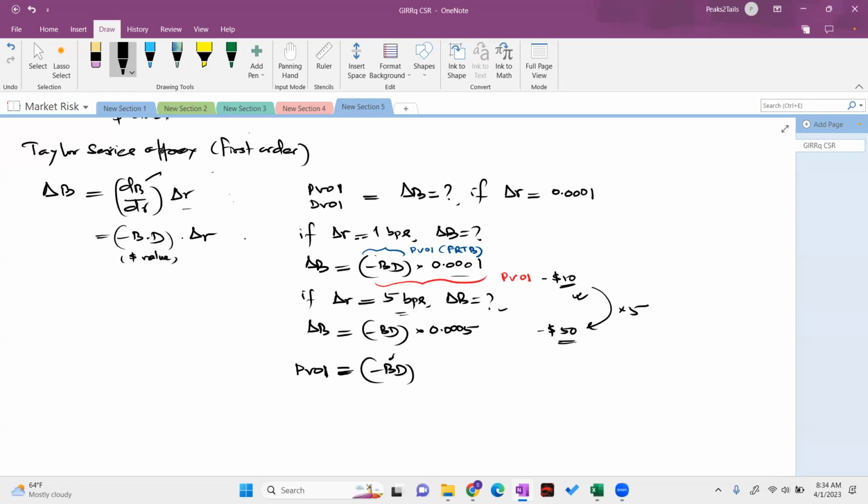Basically, PV01, the way Basel defined it, is delta B divided by 0.0001. Just look at this equation. If you look at our equation, this is actually dV by dr.